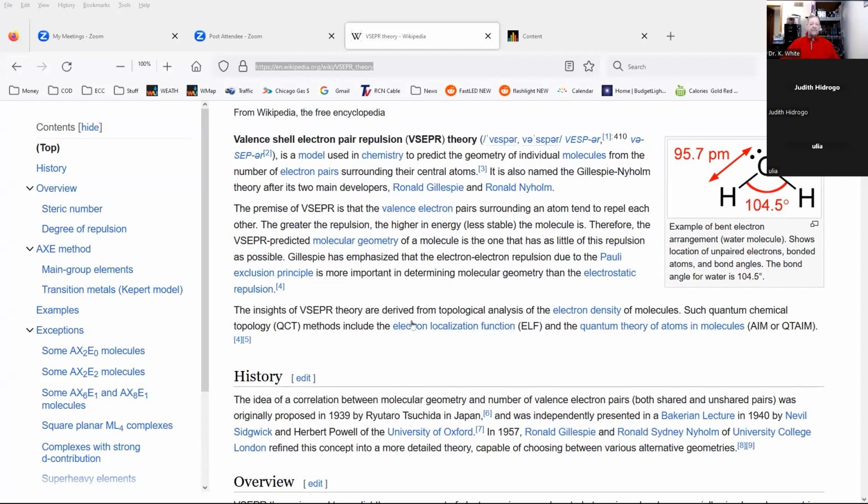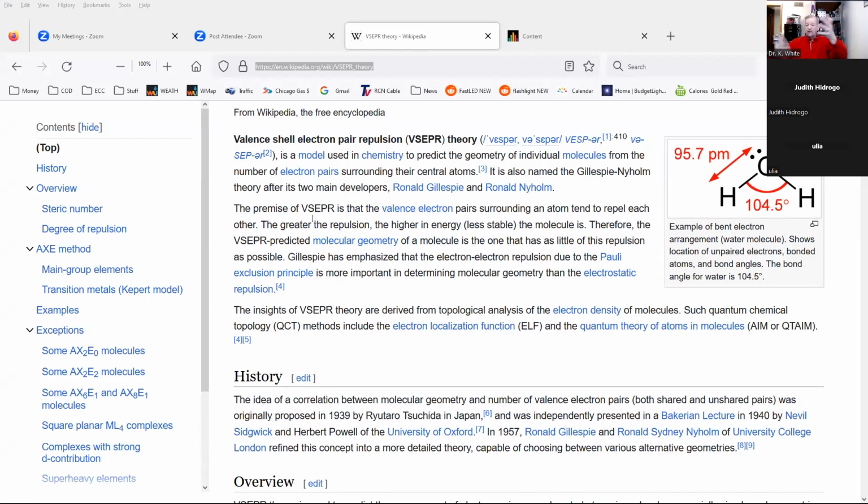Now, VSEPR stands for valence shell electron pair repulsion. That's what it stands for. This is a way of predicting the geometry of molecules. Molecules don't exist flat.